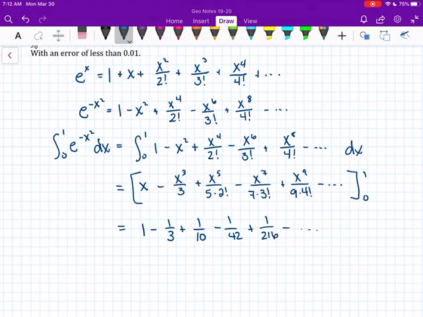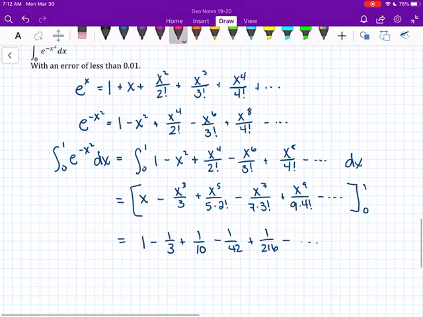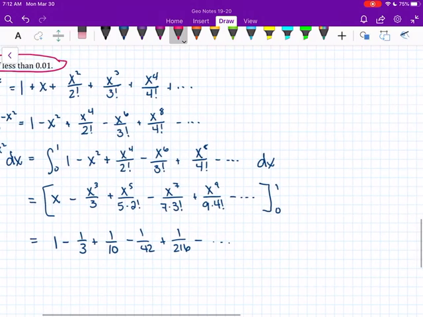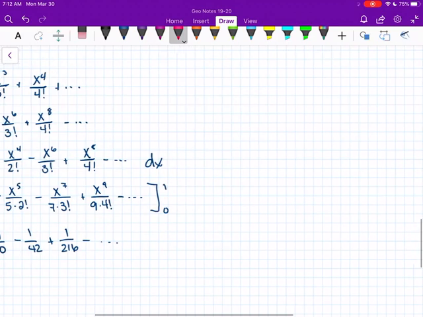So we want to talk about error, which is the remainder, right? So we're thinking about remainders here. And so when we talk about alternating series, let's refresh our memory.